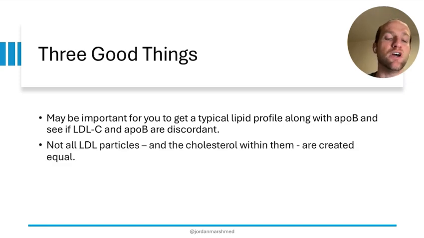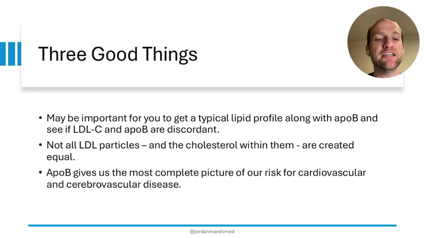Not all LDL particles and the cholesterol within them are created equal. Some people may have cholesterol-depleted LDL particles, or smaller LDL particles with less cholesterol in them because of it. That's good for us to know so that we can understand our risk. And ApoB gives us the most complete picture of our risk for cardiovascular and cerebrovascular disease.